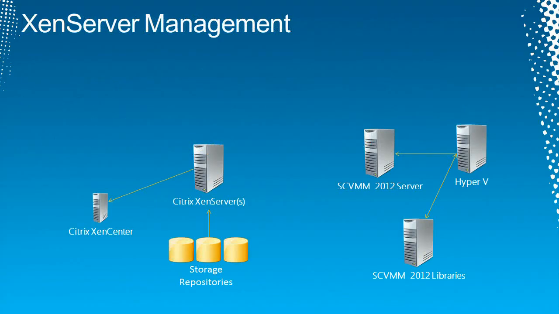So let's talk a little bit about how our integration with Xen works. Our integration with VMware, as you know, is built on top of vCenter. We don't talk directly to the ESX hosts. Does anybody know why? Because we can, but we don't get certain functionality that we need.